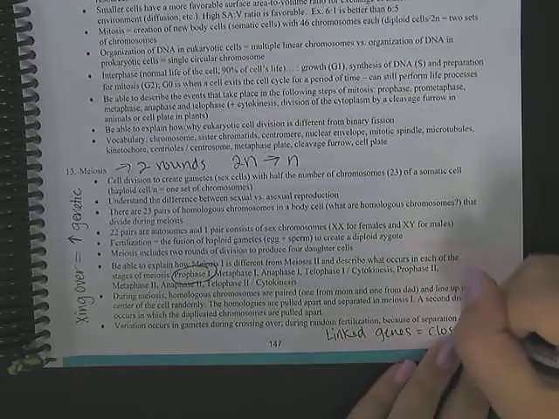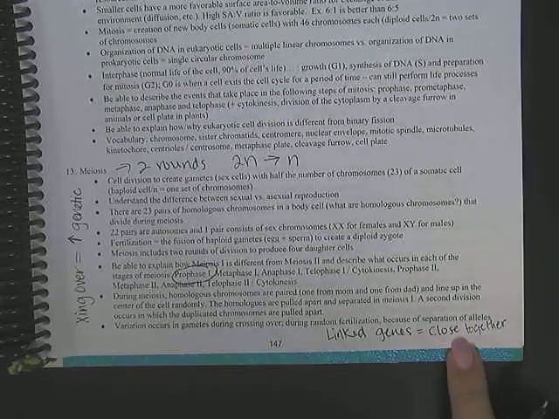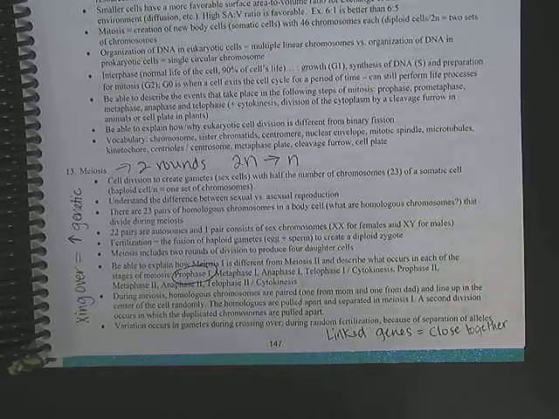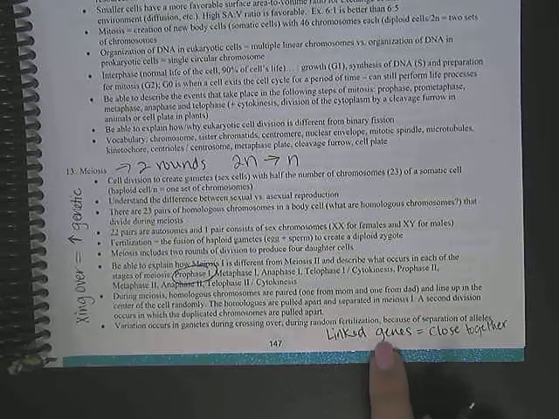They are physically close together on the chromosome, and your inheritance patterns are different than what you would expect if you followed traditional Punnett squares. The example that we talked about with linked genes is red hair and freckles.